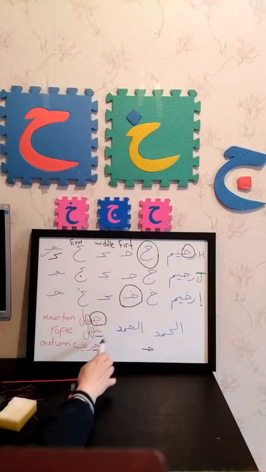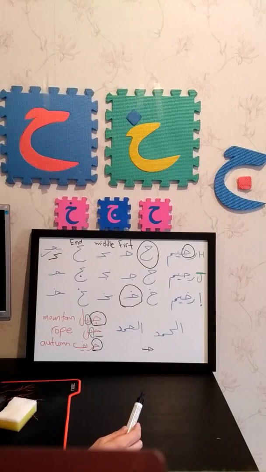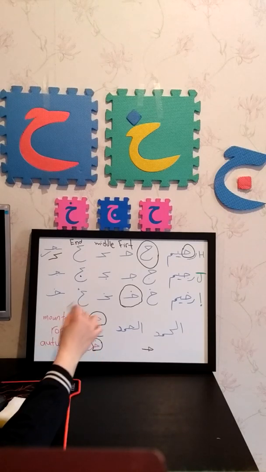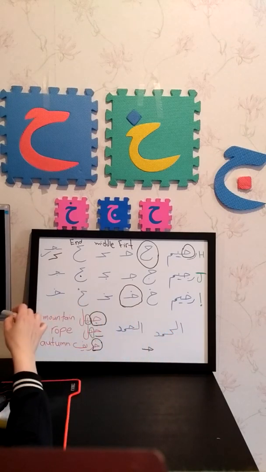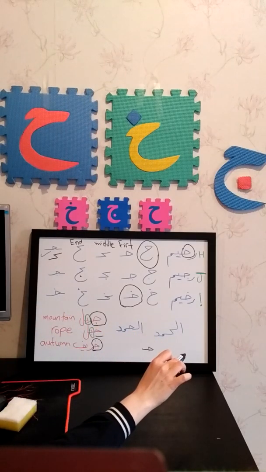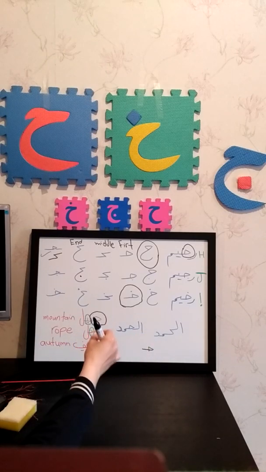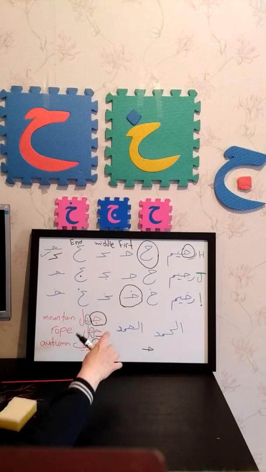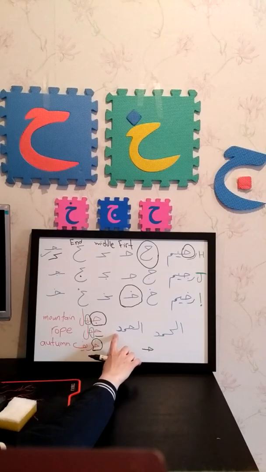Notice that Arabic letters must join each other while you write, because we write from right to left, while in English you write from left to right. When we want to write a word, all the letters must join each other.